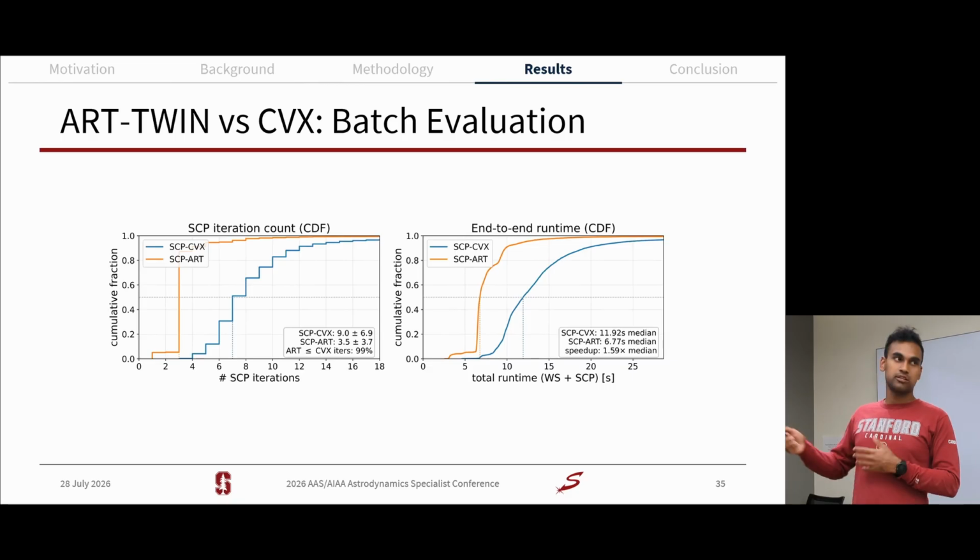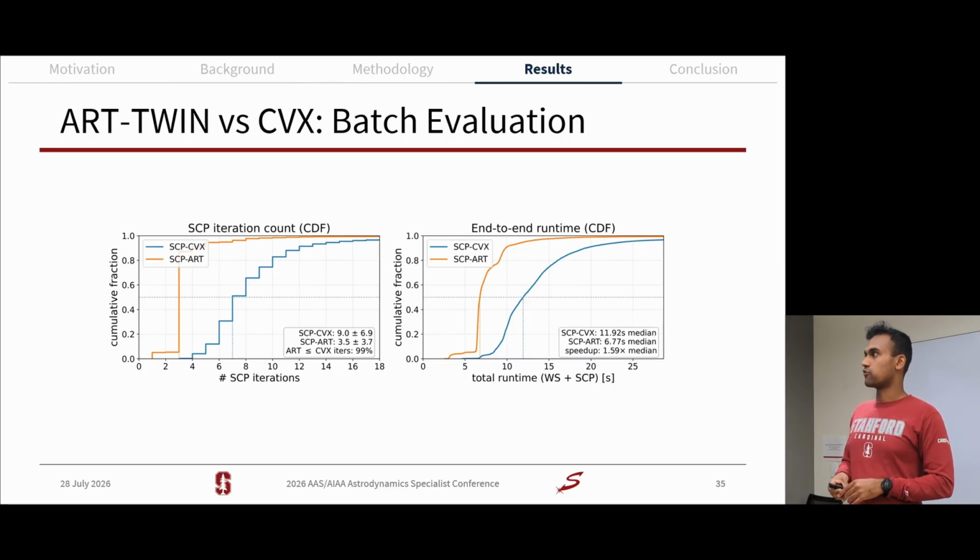And so this really provides an example of how ART twin provides a boost for onboard computation and in-space autonomy for computing these kinds of things online, when you can't necessarily afford to wait for your solution to take 3 times or 2 times as much.